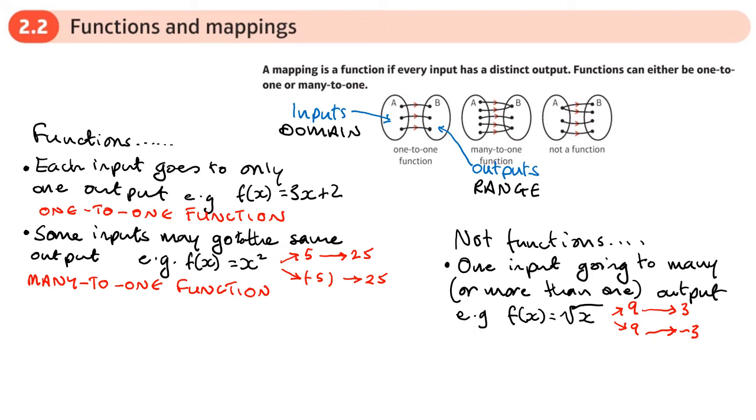So you've got an input that can go to more than one output. That's not a function. And there's also another problem with square root x and some other functions as well, in that we have some inputs that don't have an output.